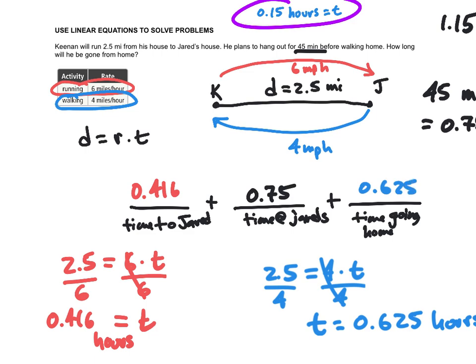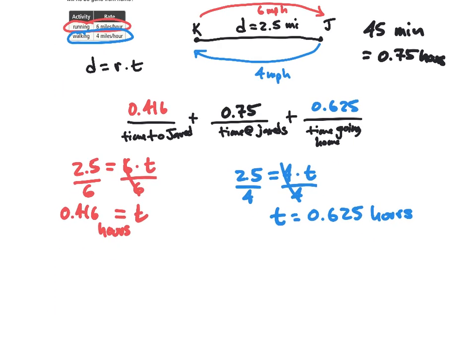Now, in my calculator, this answer over here was rounded, and I want to use an exact value. So I'm going to do 2.5 divided by 6, and that ends up giving me 0.41666 and so on. I'm going to add that to 0.75 plus 0.625, and that gives me the total time.